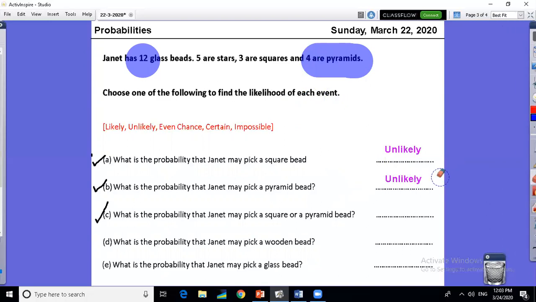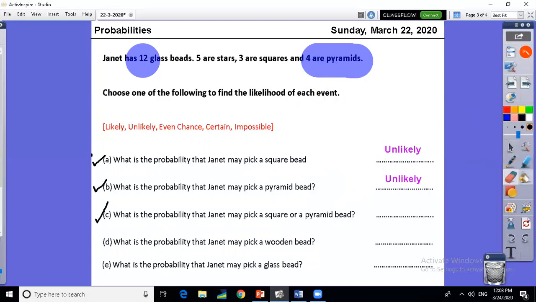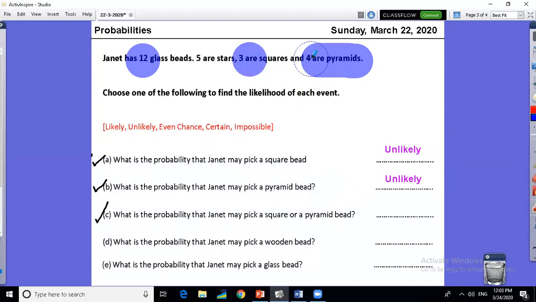Question C, which is the last question that we're going to do at the moment. What's the probability that Janet may pick a square or a pyramid bead? Square is 3, pyramid is 4, so 3 and 4 is 7. 7 out of 12.